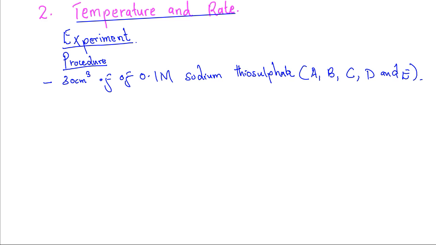Mark a cross X on a white piece of paper and place flask A with its contents on the paper.